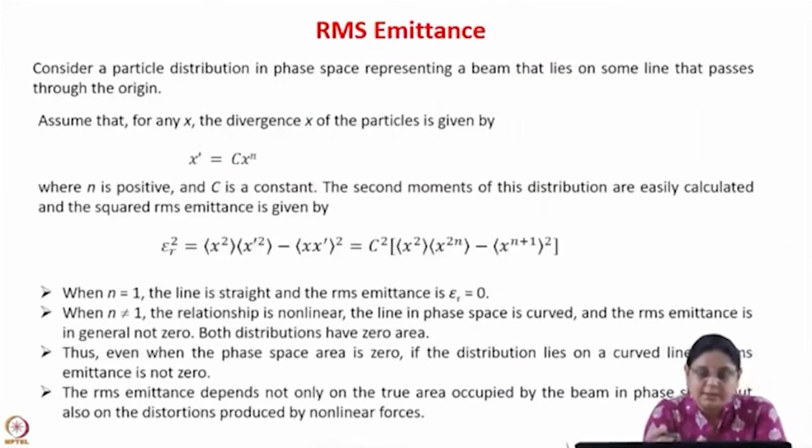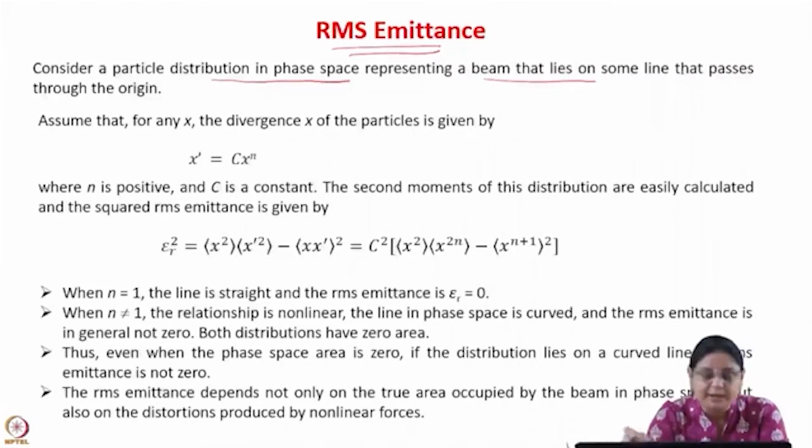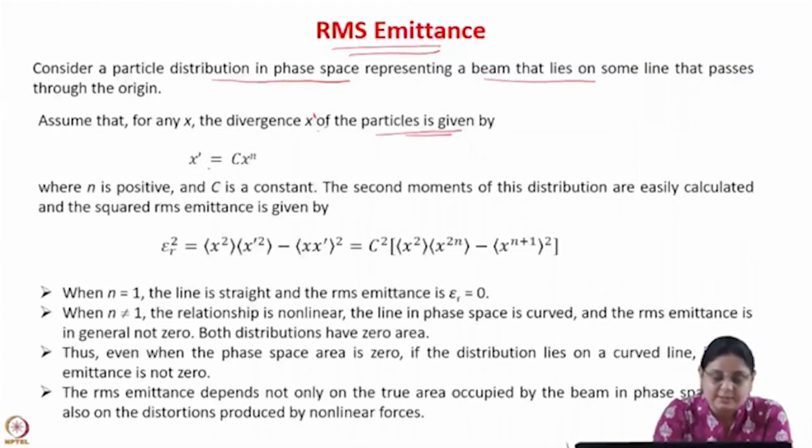So let us see the importance of RMS emittance here. Let's consider a particle distribution in phase space representing a beam that lies on some line that passes through the origin. Let's assume for any x, the divergence x prime of the particle is given as x prime equal to c x to the power of n, where n is a positive number and c is a constant.